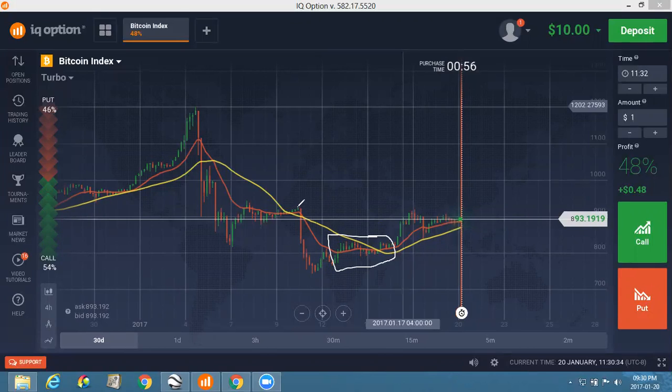So when the market has moves like these, it's hard to find previous highs and previous lows close to each other.